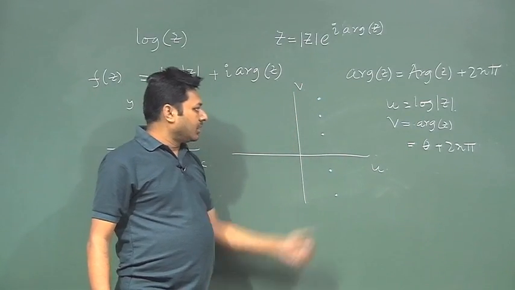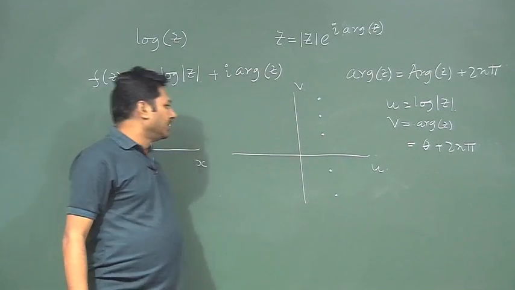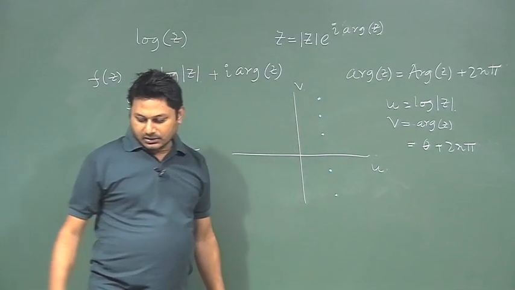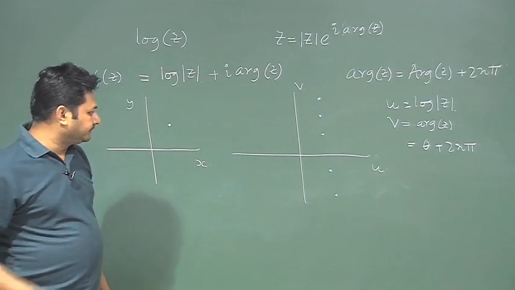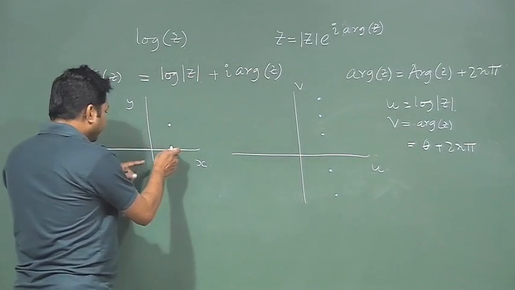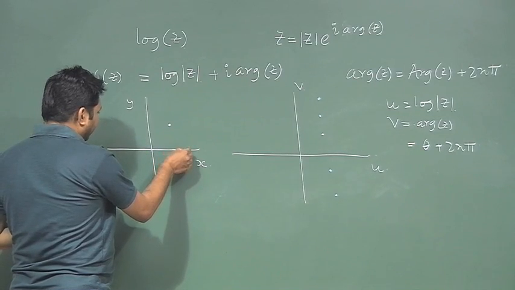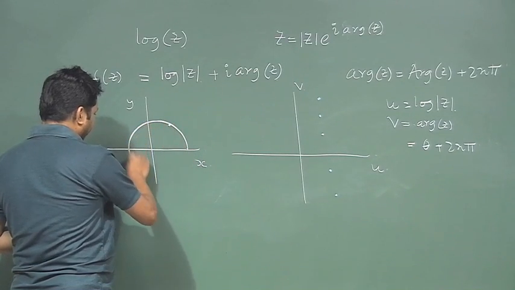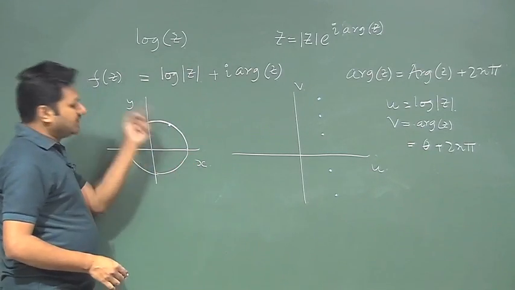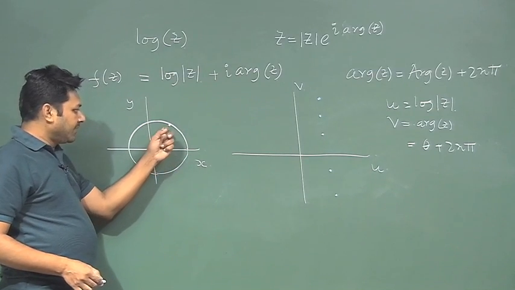So, now how to represent these things, how to find out how these things are there. There is a way you can do that. If I change my theta, in the previous case I am now rotating my z, so that I am changing my theta, and after one rotation I am returning back to the same point.